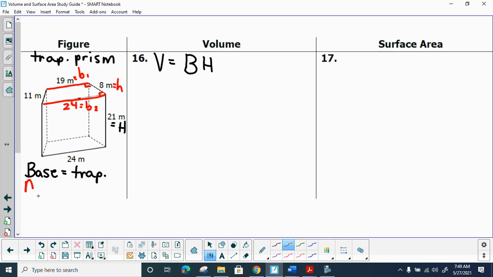So the area of our trapezoid, add the bases, multiply it by 1/2 or divide by 2, and then times the height of the trapezoid. So we've got 1/2 times 19 plus 24 times 8, all of that in meters.